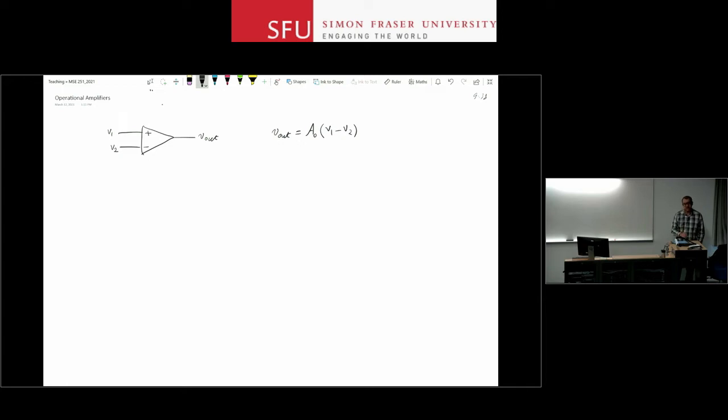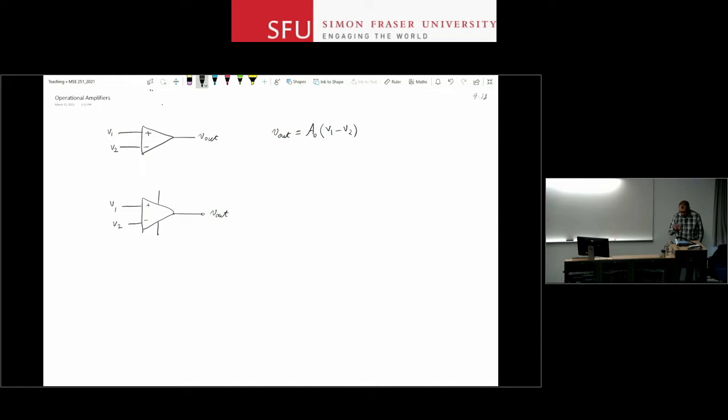So while this is the symbol for an op-amp, we know that at the very least an op-amp needs to have 2 extra pins. So you have your V1 and V2 as before, but you need to provide bias.